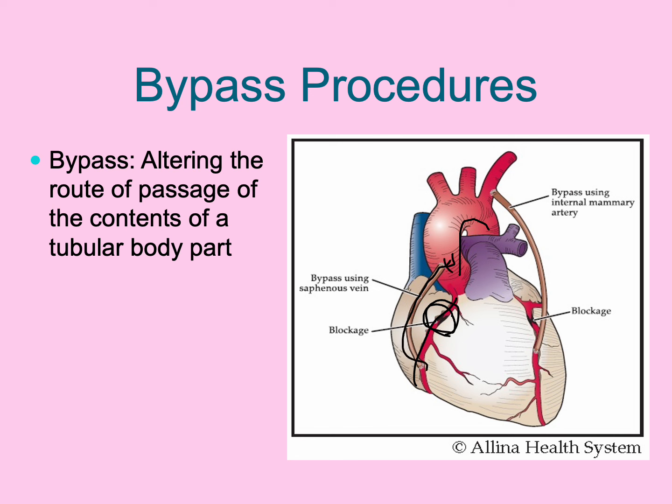But the blood can't flow freely through this vessel. So what do we do? Well, we go around it like a detour. We take a blood vessel from here, around it to here. So the blood flows around the blocked area and then can flow freely to nourish the heart. So that's what the bypass procedure does.